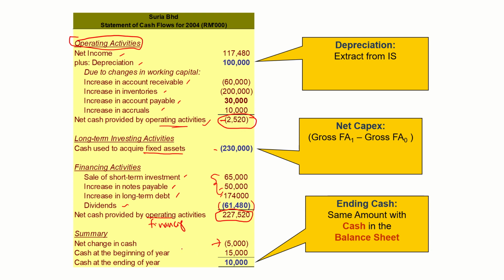Then you get the cash at the beginning of the year, which is provided. So add this up, negative 5,000 plus 15,000, which means 15,000 minus 5,000. The balance is 10,000. So basically that's it about sources and uses of fund. Okay, thank you.